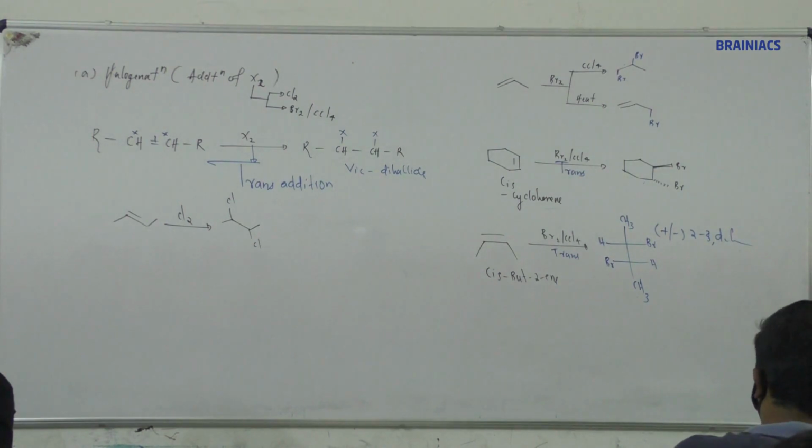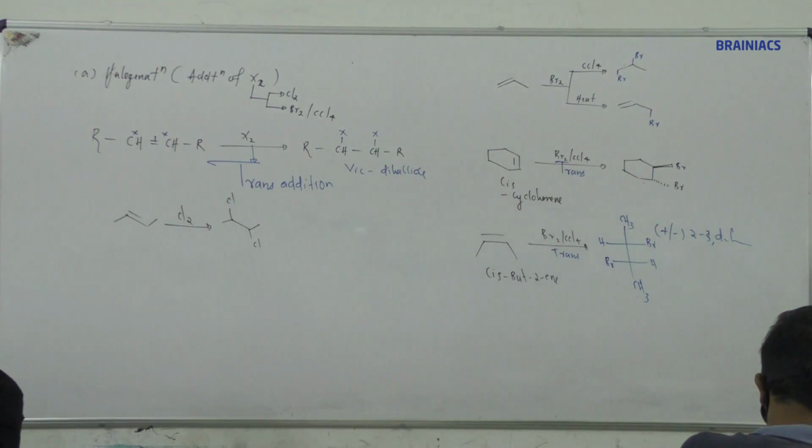Okay, exactly, it is called alkaline dilute KMnO4. So addition of Baeyer's reagent, in bracket hydroxylation. So this process is not halogenation, it is hydroxylation.